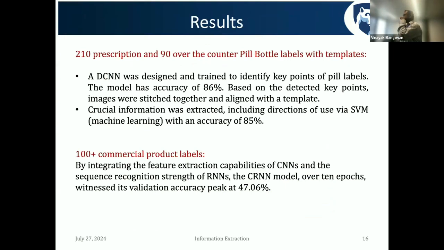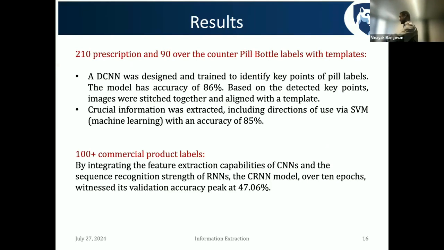So our system worked pretty well. To find those key points, we have an accuracy of around 85%. So we were able to detect the key points properly. That's the pretty challenging thing. Once you detect the key points, applying OCR on top of it is not as challenging because there are plenty of OCR techniques available commercially, right? So we were able to achieve around 85 to 86% in extracting that information.